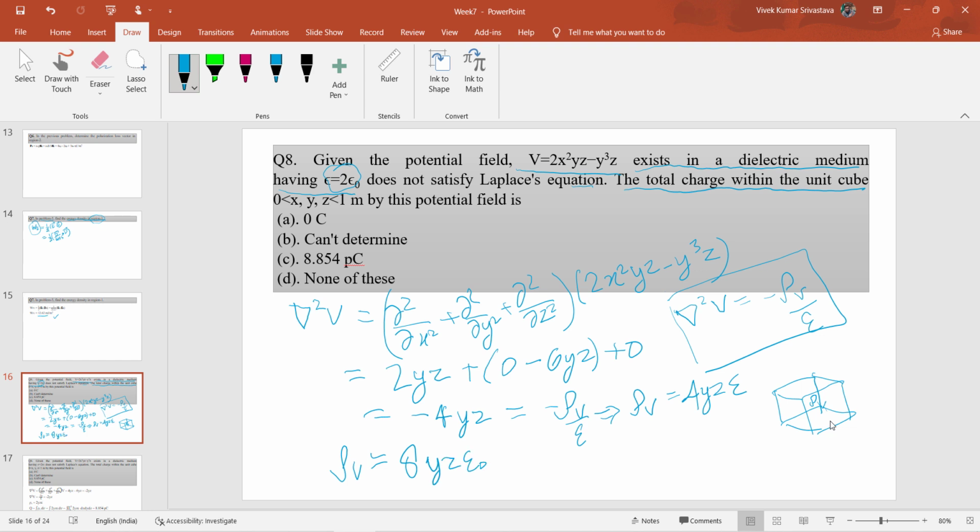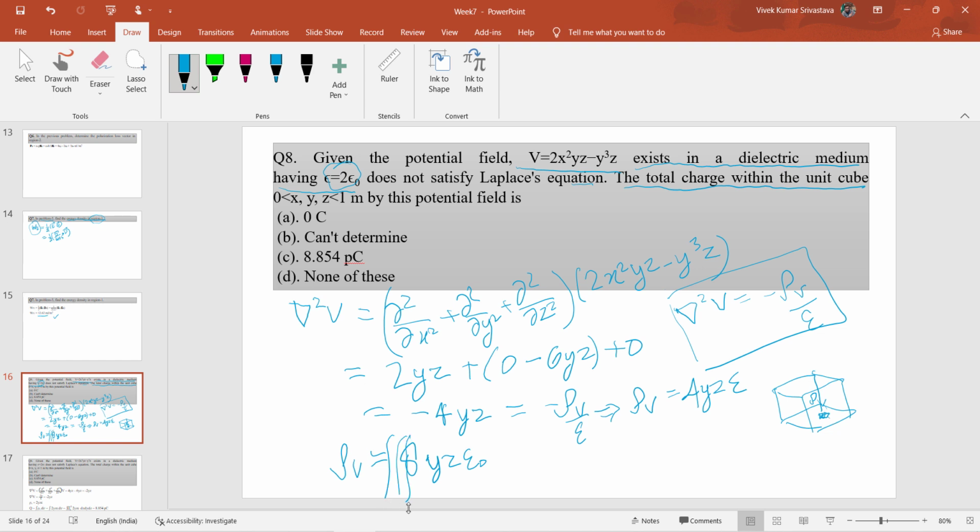So this is for a small infinitesimal volume. For finding the total charge inside this cube you have to integrate, taking the limits mentioned in the question, from 0 to 1.